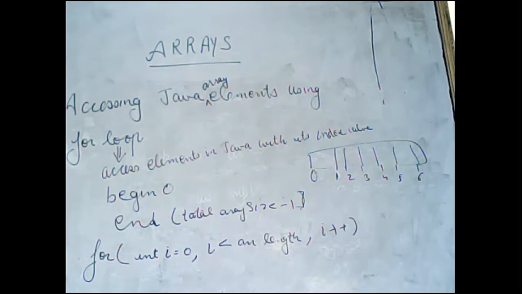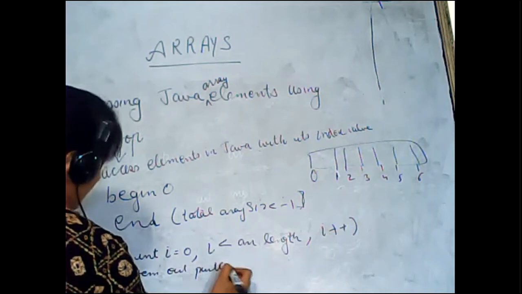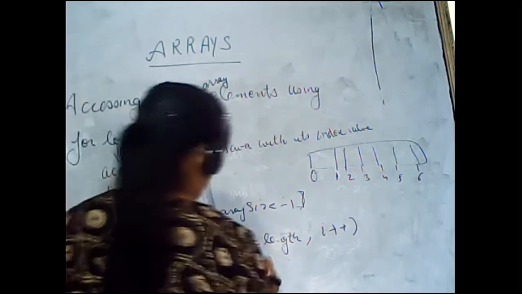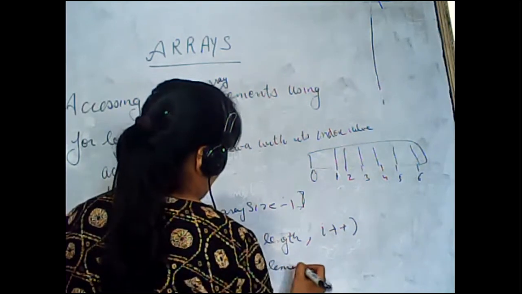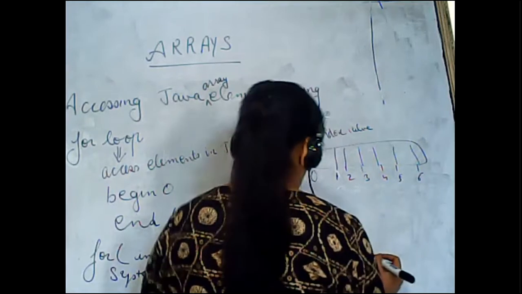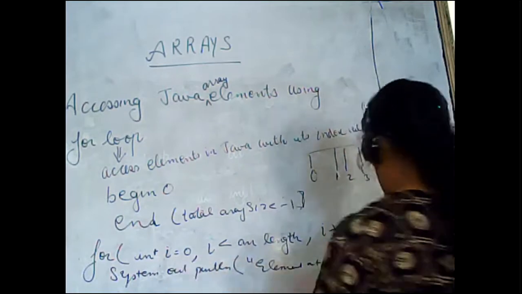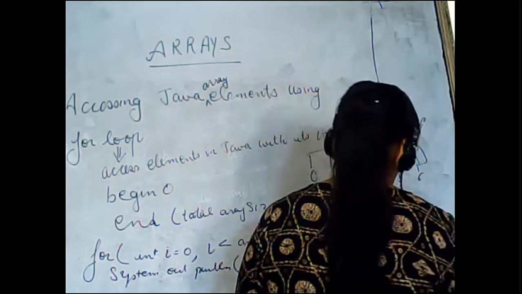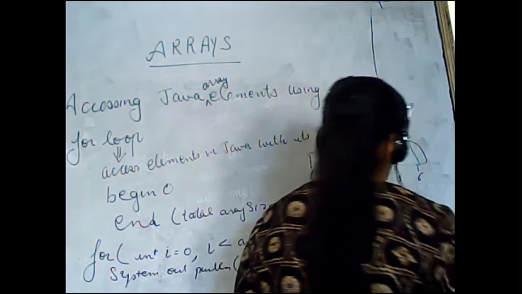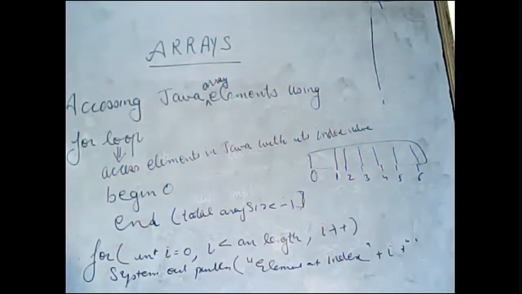So we can write System dot out dot println, and we can write "element at index" plus i, which is the index value that we have here, plus, and we can give a space.